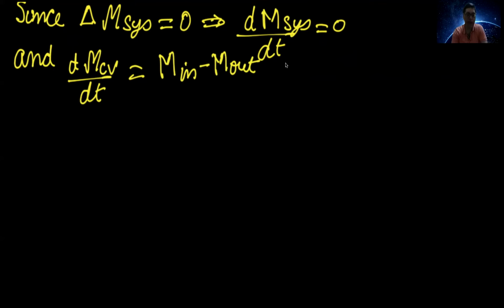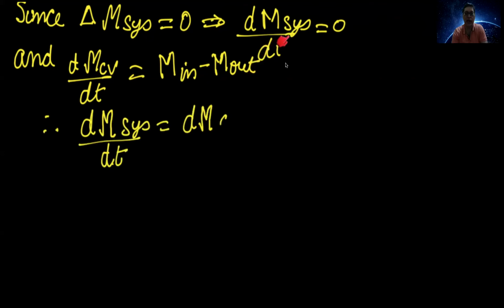Now if I take this term from the left hand side to the right hand side, I can also get the right hand side as 0, and then I can equate dm_system by dt to dm_control volume by dt plus m_out minus m_in, which is shown here, equal to 0.